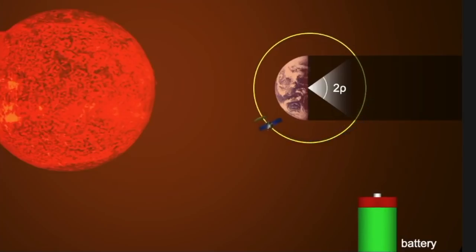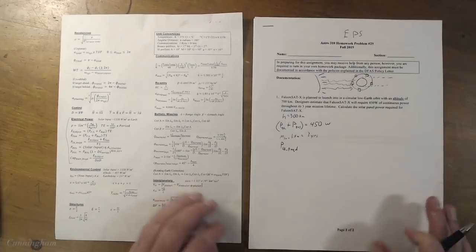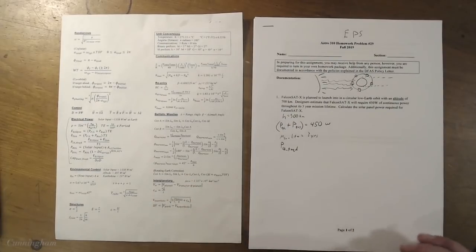So that's basically what we're going to calculate: how big do our solar panels have to be to provide a bunch of power? That comes later. And first of all, how much power does the solar panel have to provide over the course of the satellite's life, over the course of its daily operations? That's really what this problem set is about.